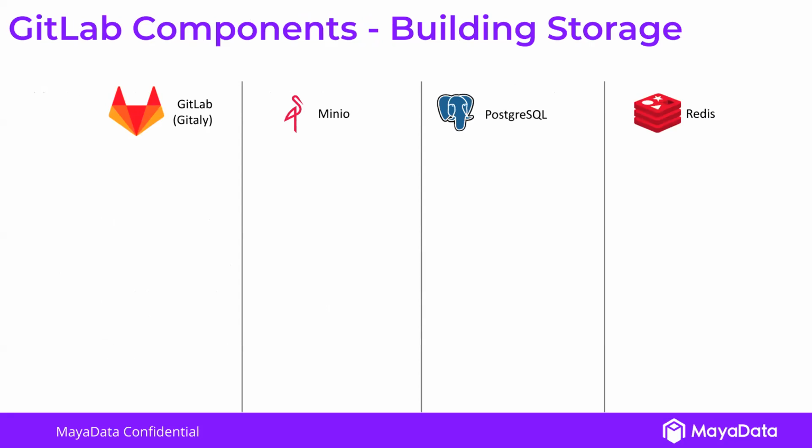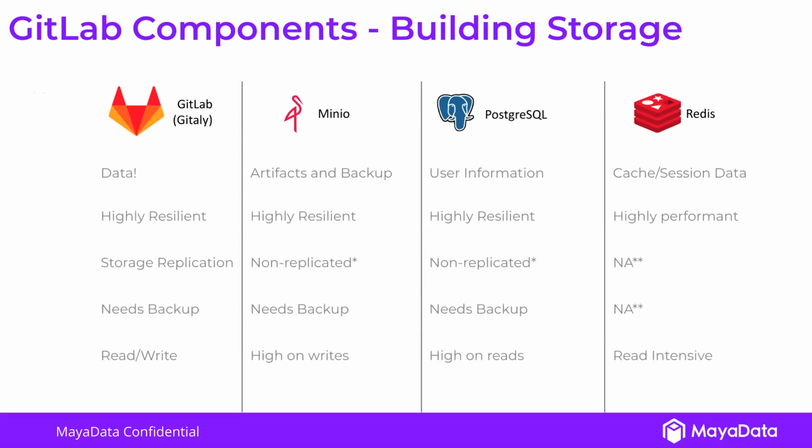The components that we're solving for, again, are the following components in a GitLab deployment. Gitaly is the repository data, and it has all of the source code, and needs backups, and it's both read and write intensive for large code bases.